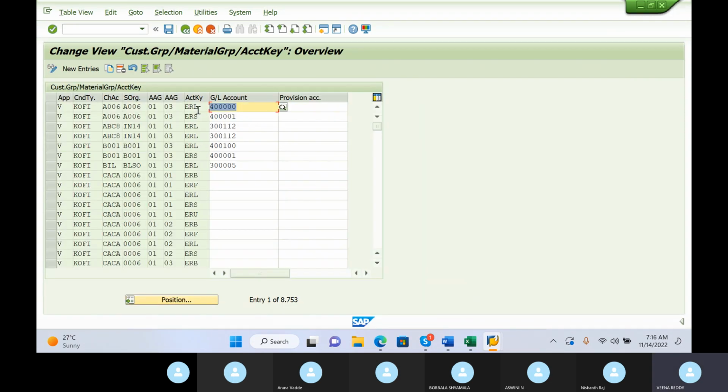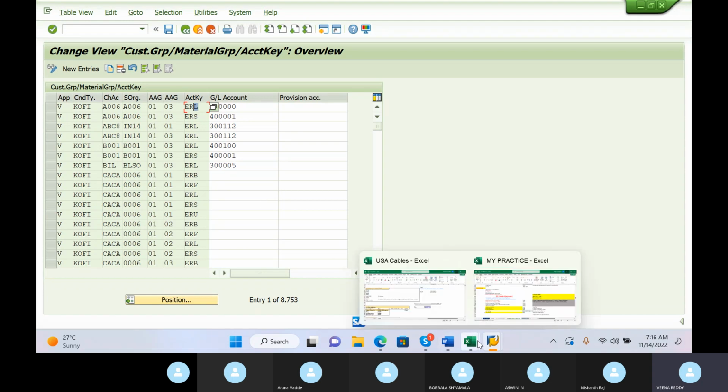So this is the account assignment with the condition types and accounting keys in VKOA. In the same way, we will maintain many GLs according to our requirement.